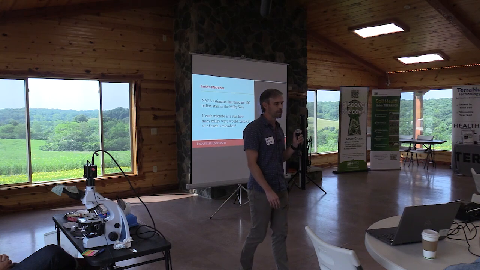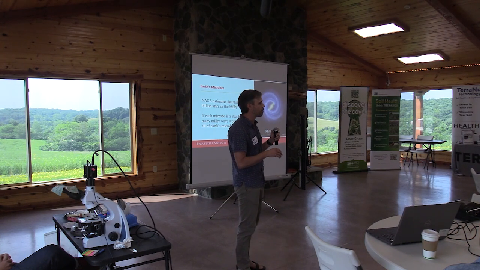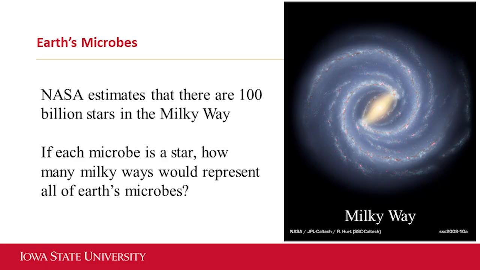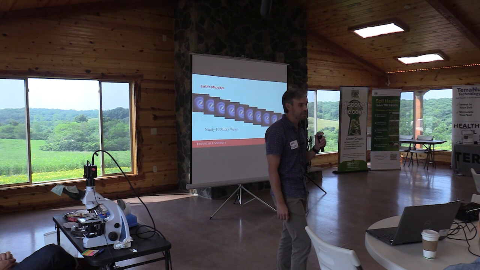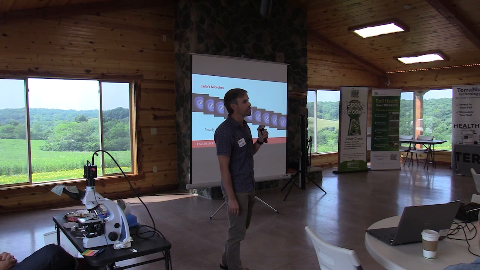So first, a little analogy to get back to how much we don't know. Currently, NASA's best estimate is that there are about 100 billion stars in the Milky Way galaxy, which is our home galaxy. And through current research, especially following the development of DNA techniques, our best estimate is that there are nearly 1 trillion microbial species on Earth.